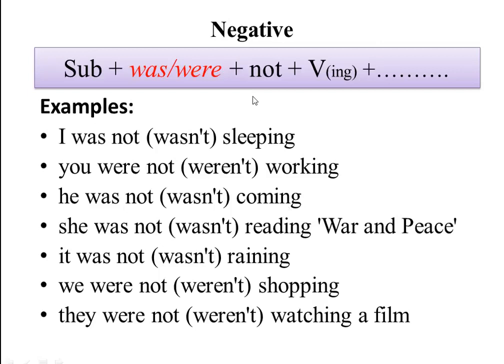I mention only the form, like subject. He is the subject, was. Over here you can say was, plus not, he was not, and then verb ing. This is what I want to recommend, or I can say what I want to make you know about the past continuous tense.